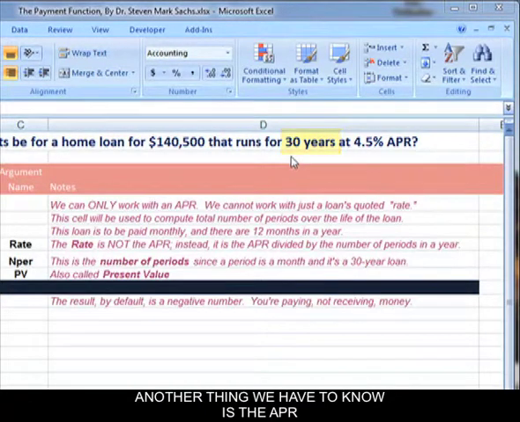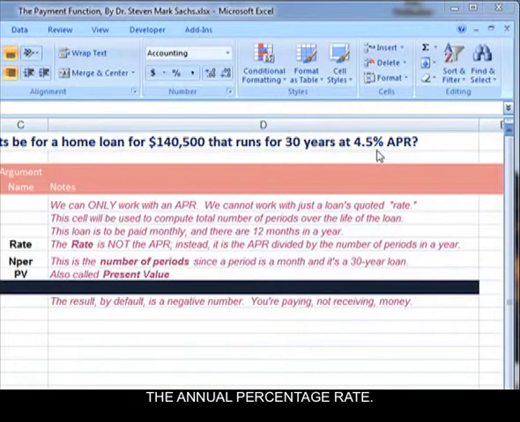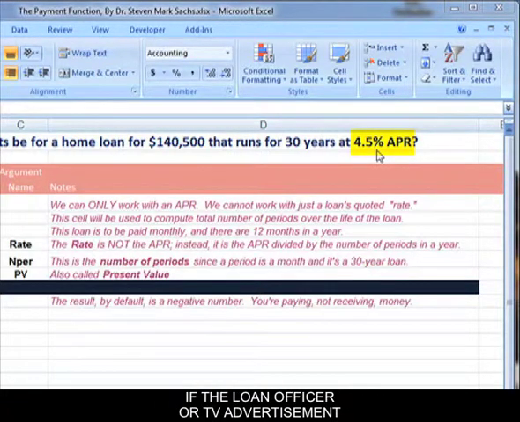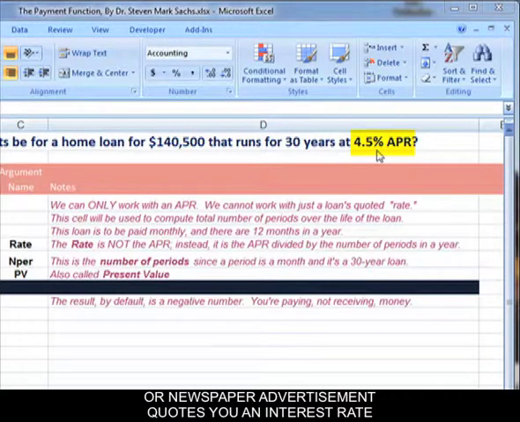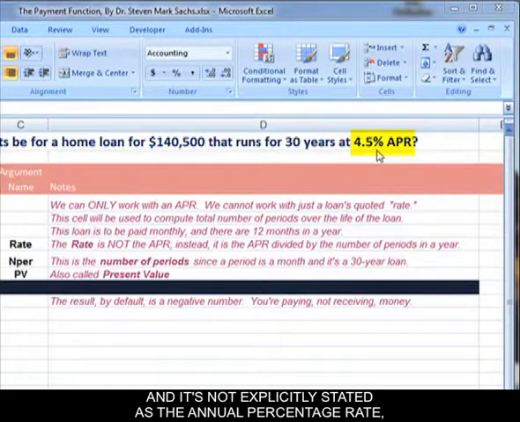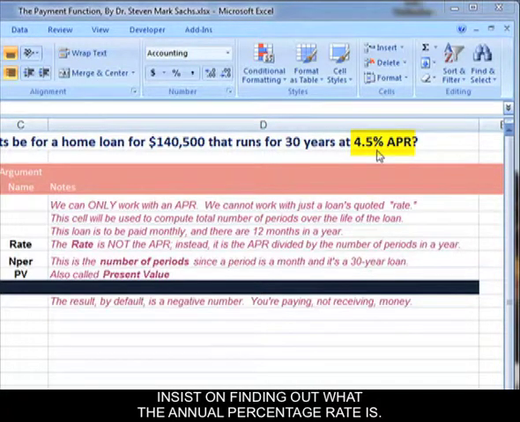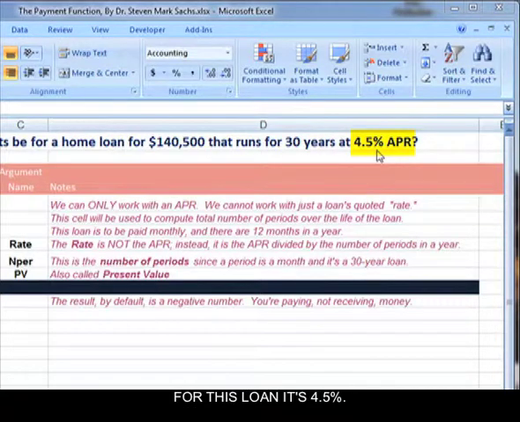Another thing we have to know is the APR, the annual percentage rate. If the loan officer or the TV advertisement or newspaper advertisement quotes you an interest rate and it's not explicitly stated as the annual percentage rate, insist on finding out what the annual percentage rate is. For this loan, it's 4.5%.